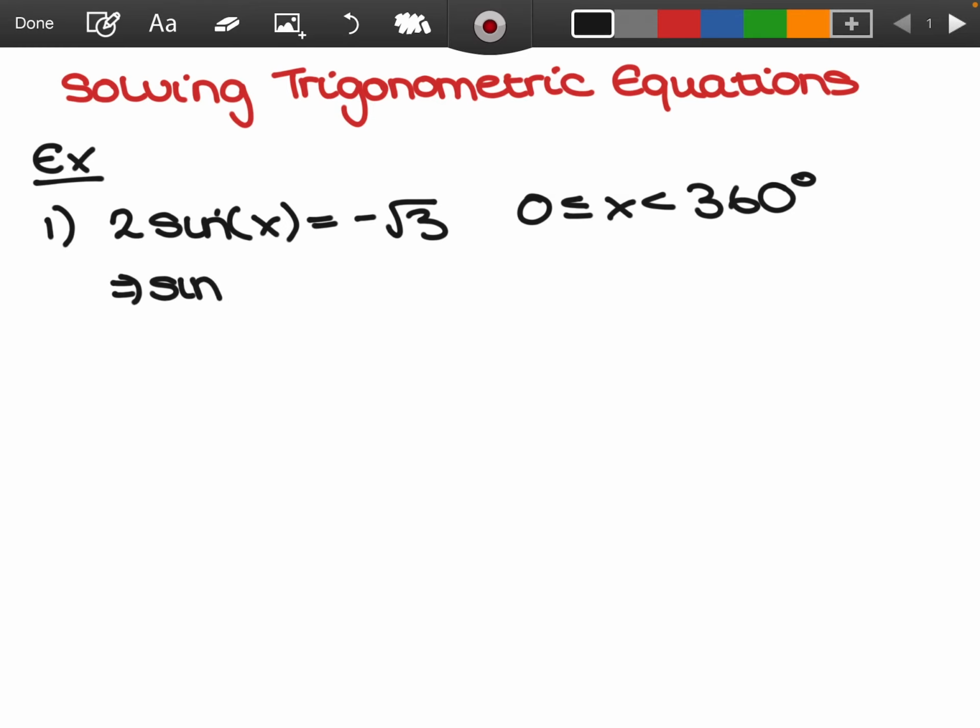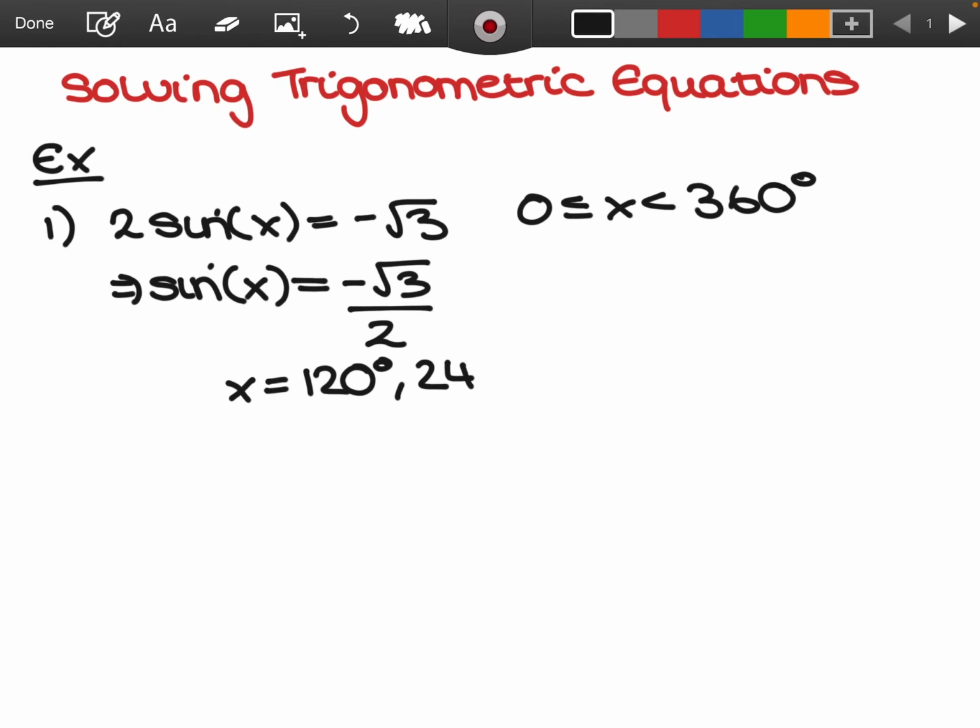Well, that tells me, by simplifying this and just getting the trigonometric function on one side and all other values on the other side, that sine of x should equal negative the square root of 3 over 2. I'm looking for any angles such that the sine of that angle is negative the square root of 3 over 2. Well, if you refer to the unit circle, you'll see that the angles for which that happens are 120 degrees and 240 degrees.